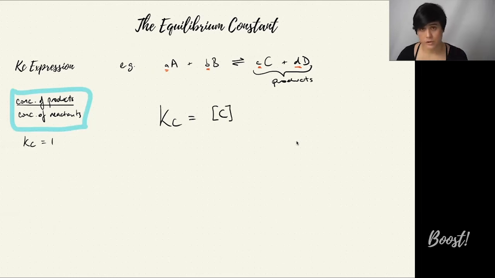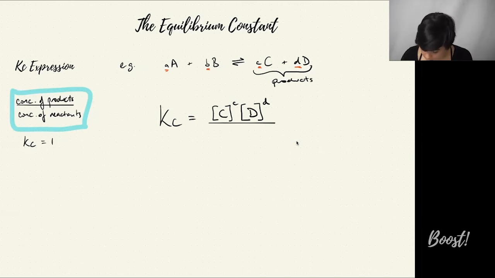So this is the concentration of C, and as we said, we need to know the number of moles because we put it to the power of the moles of C that we have. And then we times it by the concentration of D to the power of the moles of D that we have. So on the top of our expression, we have the concentration of each of the products, to the power of the number of moles that we have of those products.